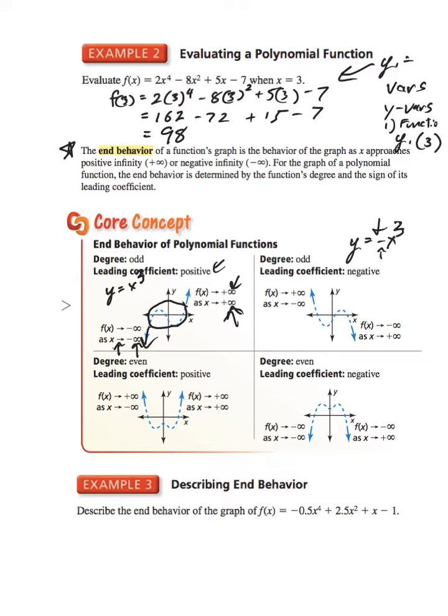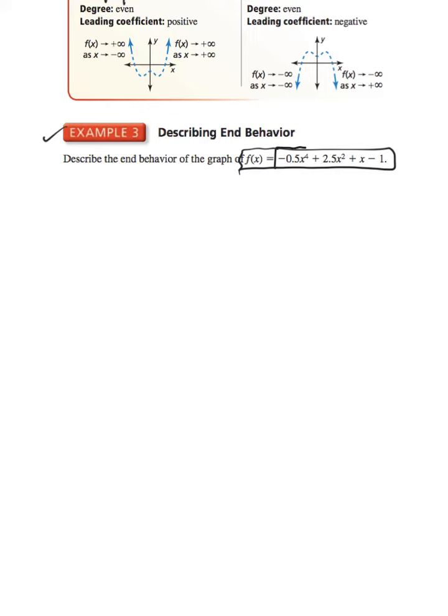The end behavior of any function is going to be determined by the first term of the function when it's in standard form. So in this case, the negative 0.5 x to the fourth is what's going to determine the end behavior. And again, the end behavior can only be one of 4 things: up to the right, up to the left, down to the right, down to the left. So let's get a sense for what's going on here.